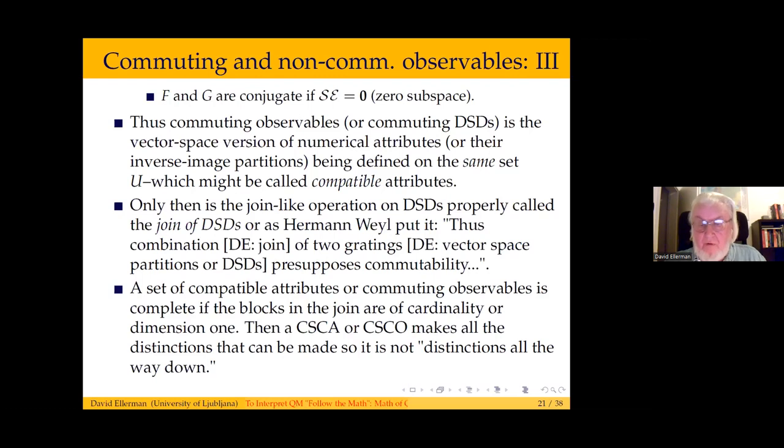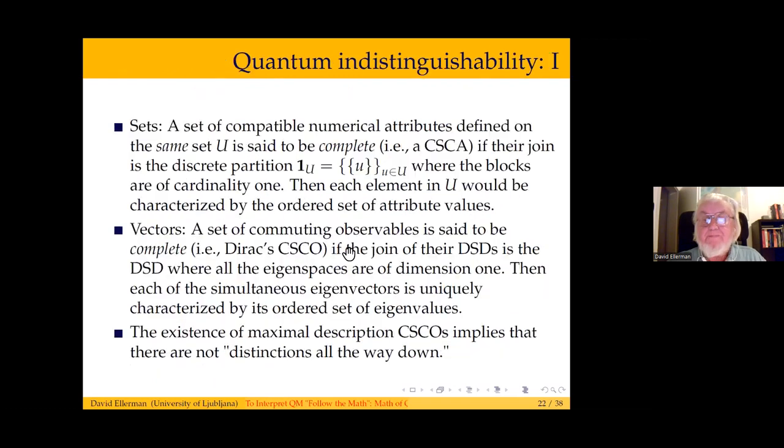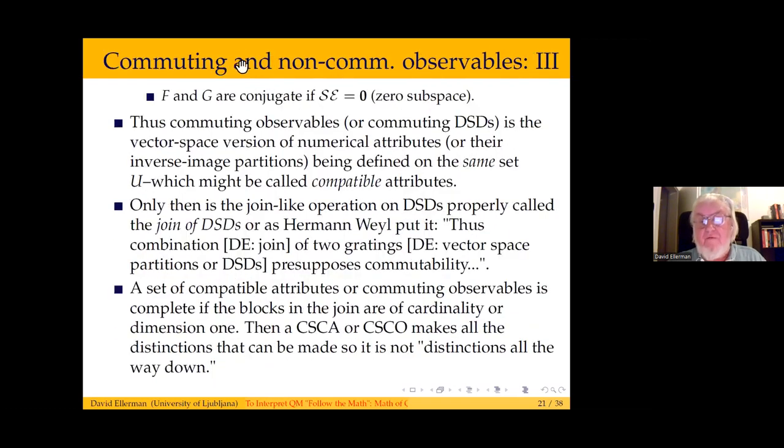In the quantum case, that's called a complete set of commuting observables or operators, a CSCO, going back to Dirac, and it's the same thing. That's the maximum bit of distinctions that you can make. Anything beyond that is objective indefiniteness. You cannot distinguish any further than a CSCO, and so it becomes very obvious that it's not distinctions all the way down.